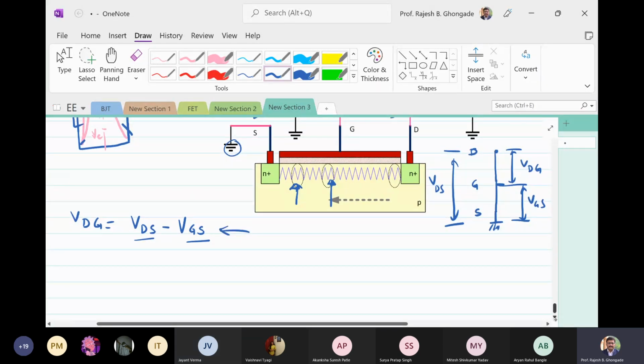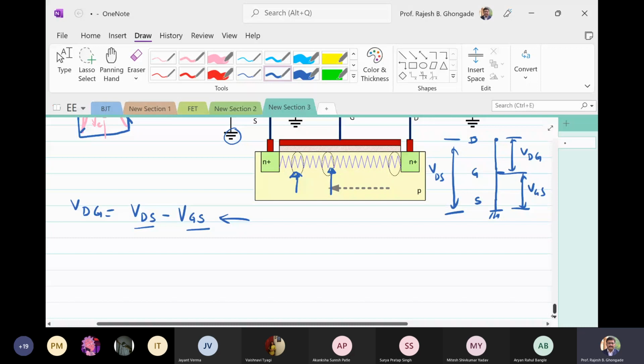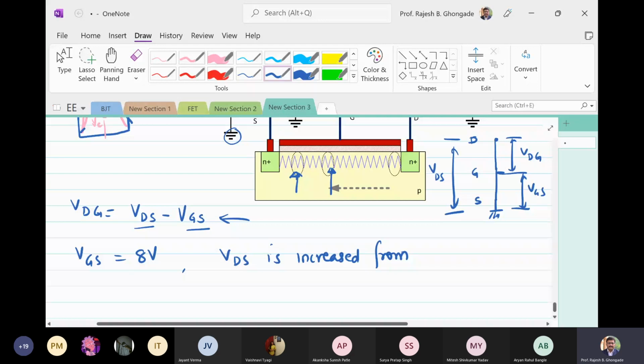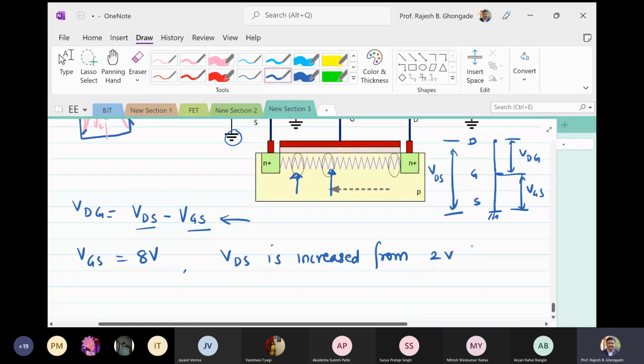Okay. Now let us say that your VGS is fixed at some value. We'll take some numerical value here. Let us say VGS is fixed at 8 volts, and VDS is increased from 2 volts to 5 volts. Now this is interesting.